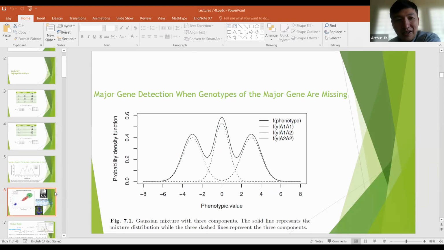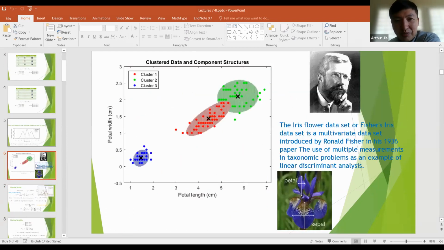Next time we're going to talk about the mixture model, which is a very good advanced idea raised by this gentleman, Fisher. He used the example of iris flower data to show how we can do clustering based on the phenotype. This population, iris, actually consists of 3 genotypes.